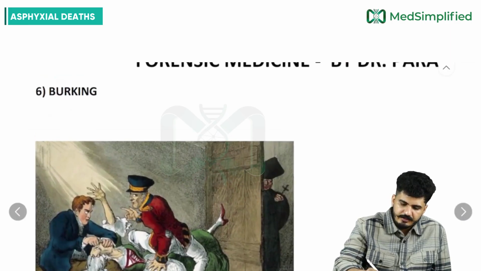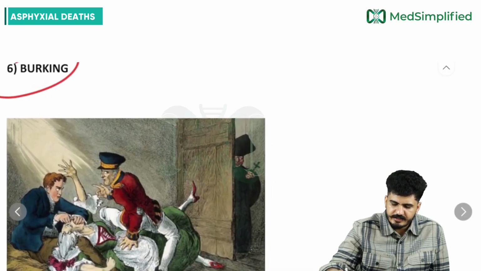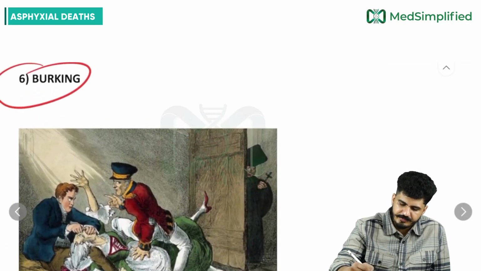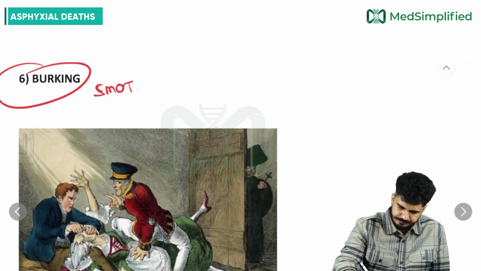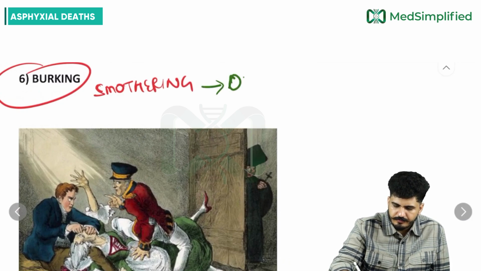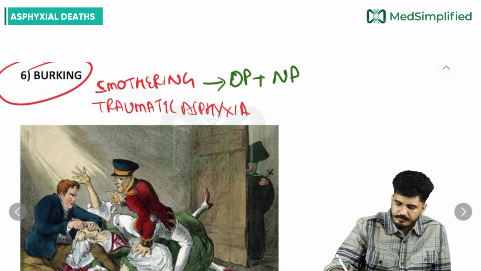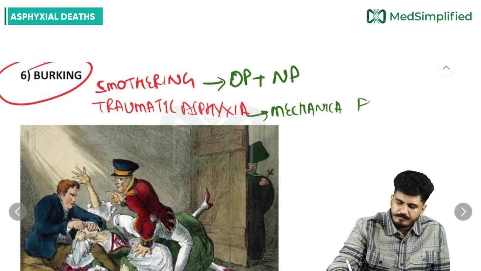Now coming to burking, the sixth application we are having right here, sir. Burking is a mixture of smothering and traumatic asphyxia. What is smothering? In smothering, there is closure of the oropharynx and nasopharynx. After smothering, there will be traumatic asphyxia, that is mechanical fixation of the chest.